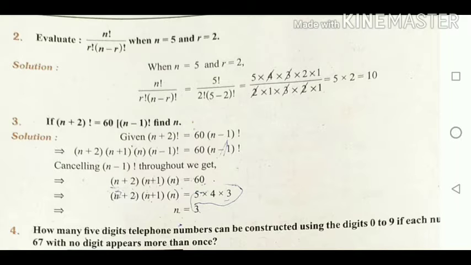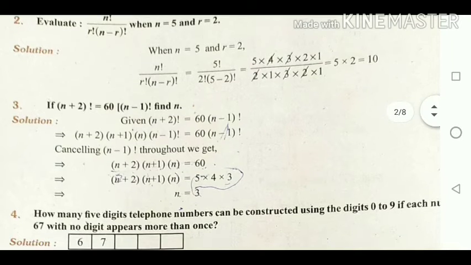Okay, 5 factorial is nothing but 1 into 2 into 3 into 4 into 5, or you may write it in reverse as 5 into 4 into 3 into 2 into 1, divided by 2 factorial which becomes 2 into 1, and 5 minus 2 factorial is 3 factorial, that is 3 into 2 into 1. So if all the terms are cancelled, the remaining term is 5 into 2, and the answer becomes 10.